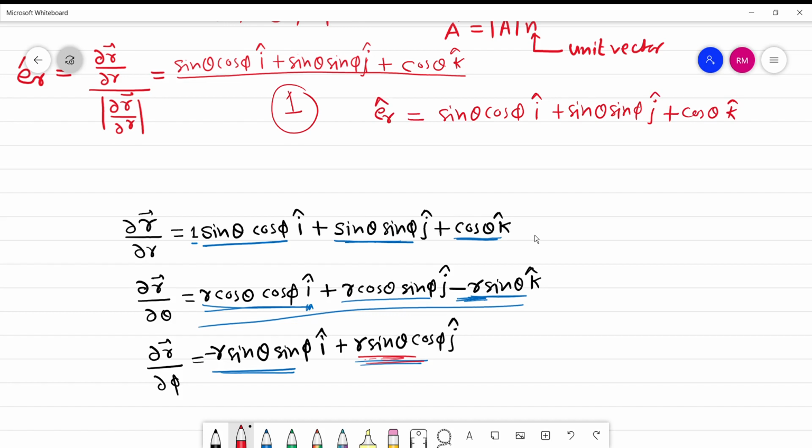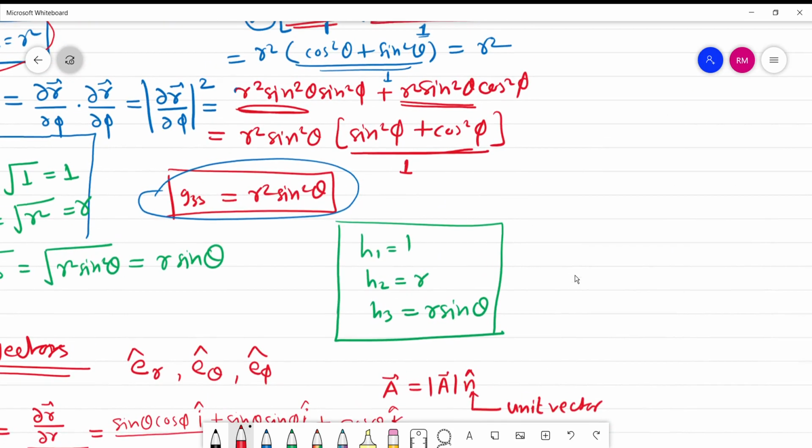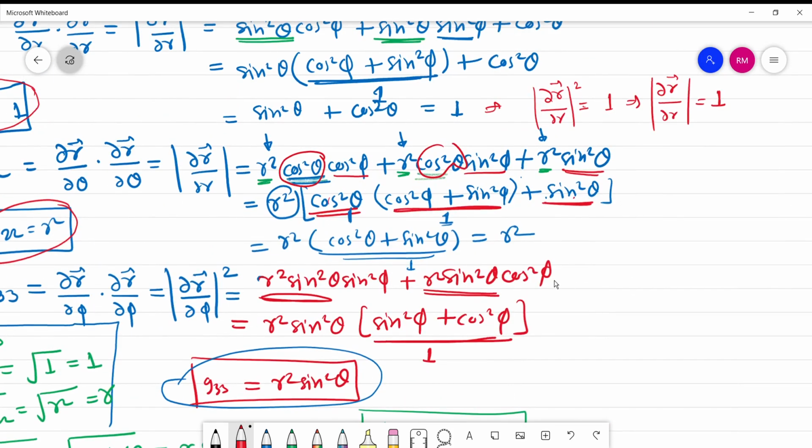Similarly, I want to work out for e theta cap, right? Okay, let's see what is the magnitude of it. Its magnitude is delta r bar by delta theta. So again we have to go upward. I just want to show you where we have obtained the magnitude square. So here you can see delta r. Okay, I just wrote here, this is not correct.